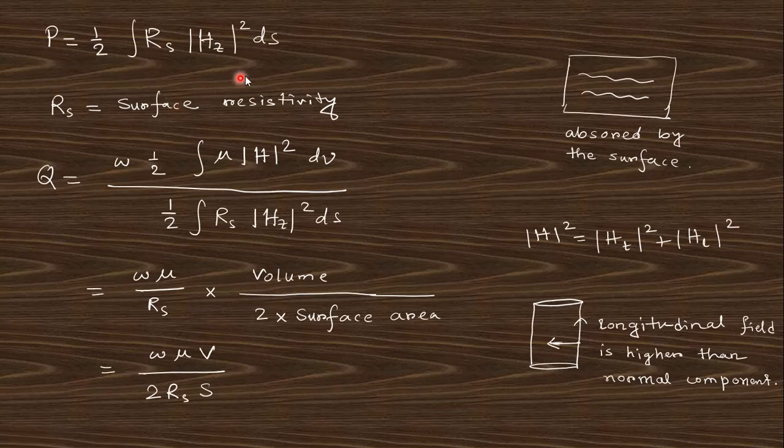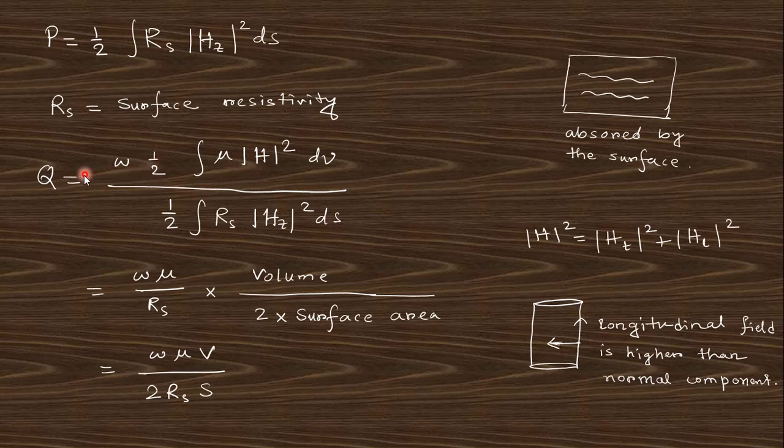So the power can be written like that, where R is the surface resistivity. Surface resistivity means there is absorption at the surface; the surface of this cavity resonator absorbs, and that is the surface resistivity.